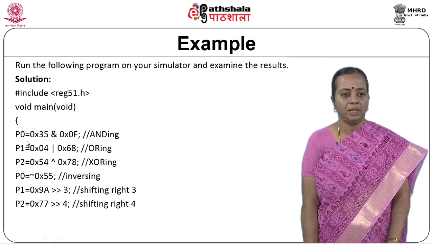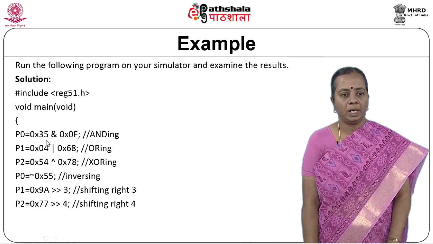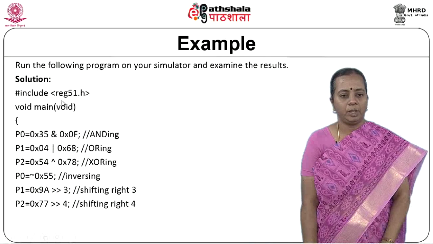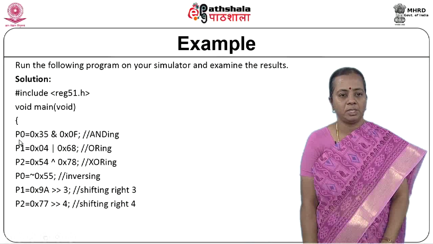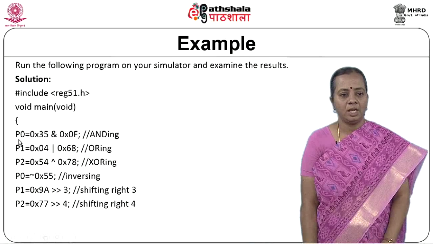Here, because include reg51.h says that the reg51 library is included, it is directly telling us that it belongs to the 8051 microcontroller. Because of that I can directly say P0 is equal to something, and it will automatically identify that this is port 0.